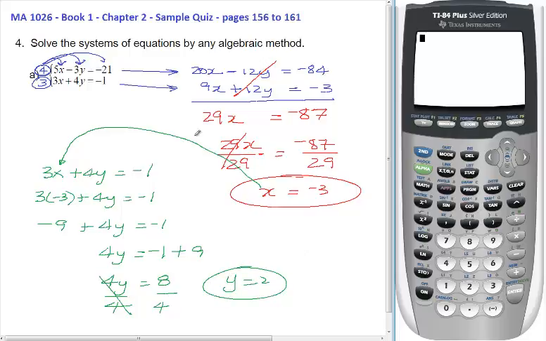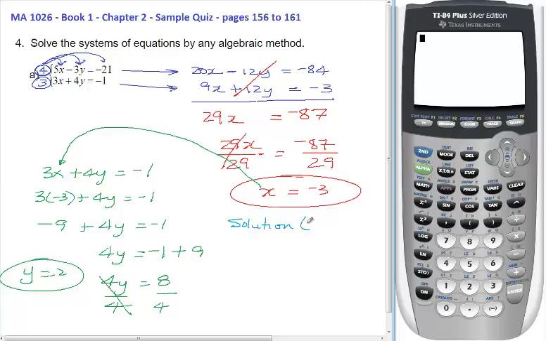So it looks like my solution, I'll move that over there. I'm going to move this over just because I want room to check. My solution to a system, by the way, is always an ordered pair. So I'm saying the solution to this system is negative 3, positive 2. Now you can verify that by substituting into each one.